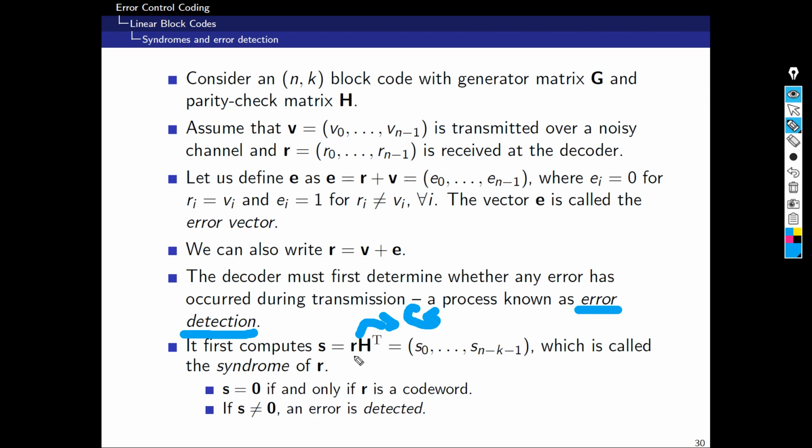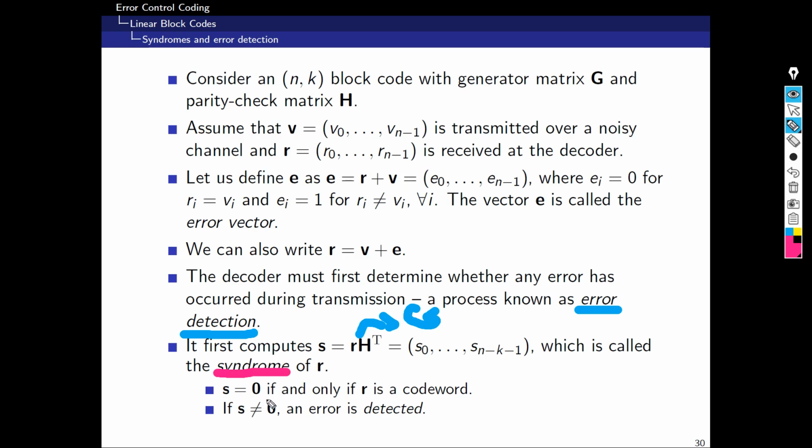From this, you can calculate a vector called S. This vector has a special name. We name it the syndrome. The syndrome is the vector resulting from the multiplication of the received vector with the matrix H transpose.